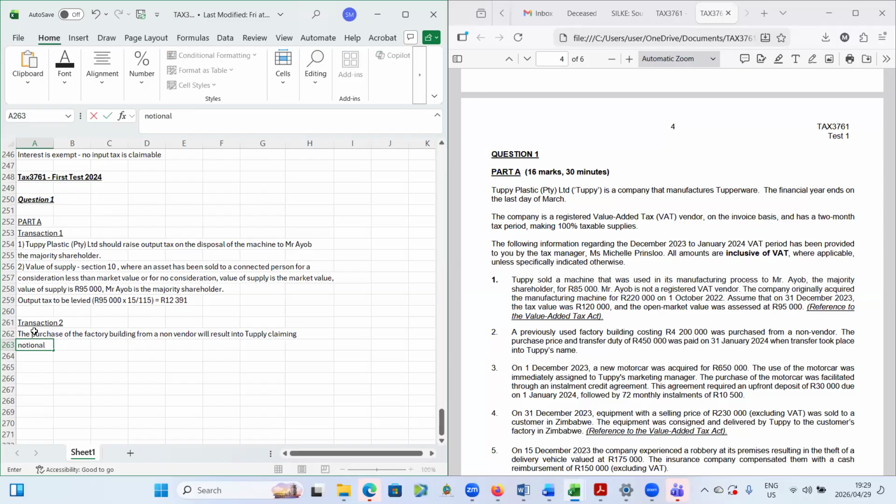Notional and deemed is not the same. It's notional or deemed input tax, but not deemed supply. Notional input tax or deemed input tax.